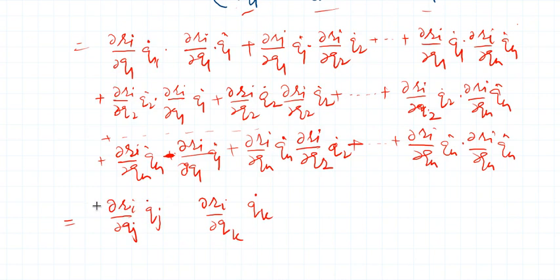First of all, I will take a summation over j, which varies from 1 to n, and another summation over k, which varies from 1 to n.